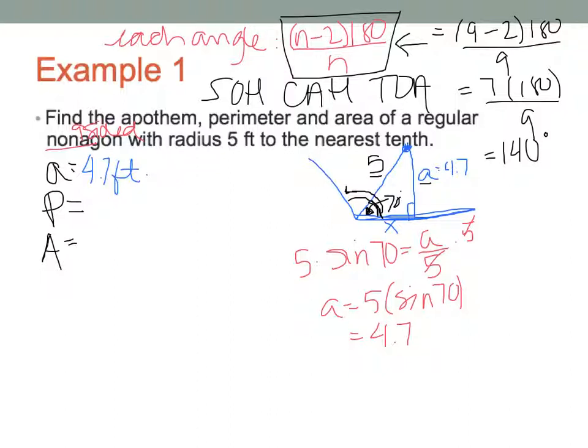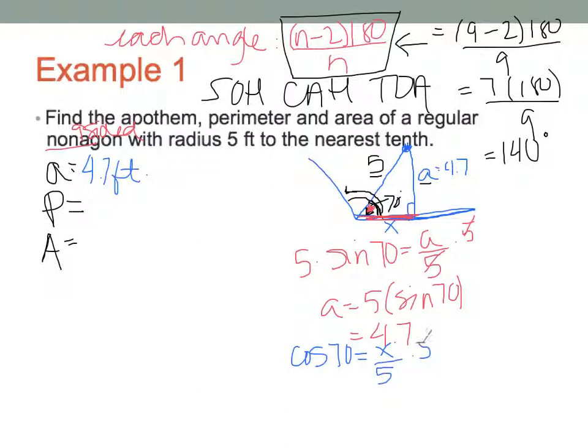Now the next question is the perimeter. Wouldn't it be great now if I could solve for x down here, and I'll multiply it by 2 to get the full side. Okay, we're going to be using another trig function. So if I'm standing at 70, again, right over here, x is my adjacent, and 5 is my hypotenuse. So adjacent and hypotenuse now will be cosine. So cosine of 70 equals adjacent, x, over hypotenuse, 5.